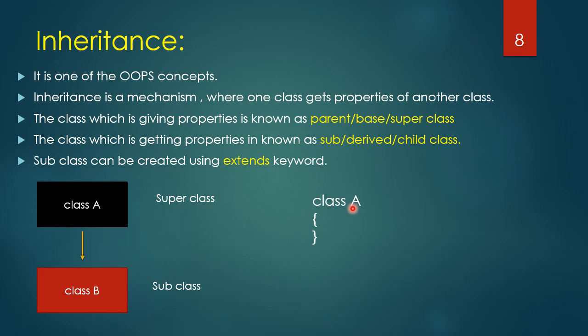Here I am not creating those methods and variables, I am simply showing class A and how a subclass will be created for it. This is the way: class B extends A. Here class B is the subclass and class A is the superclass. In this way, for any class, by using the extends keyword, we can create a subclass.